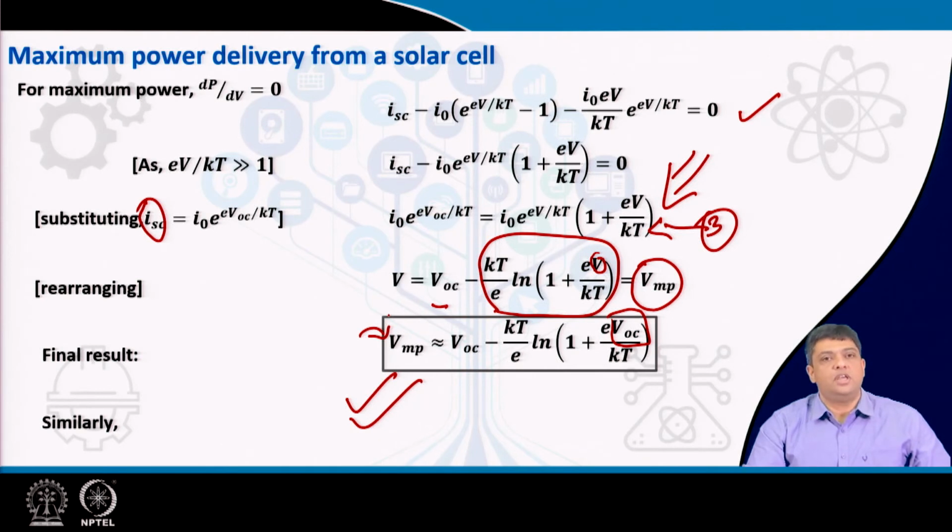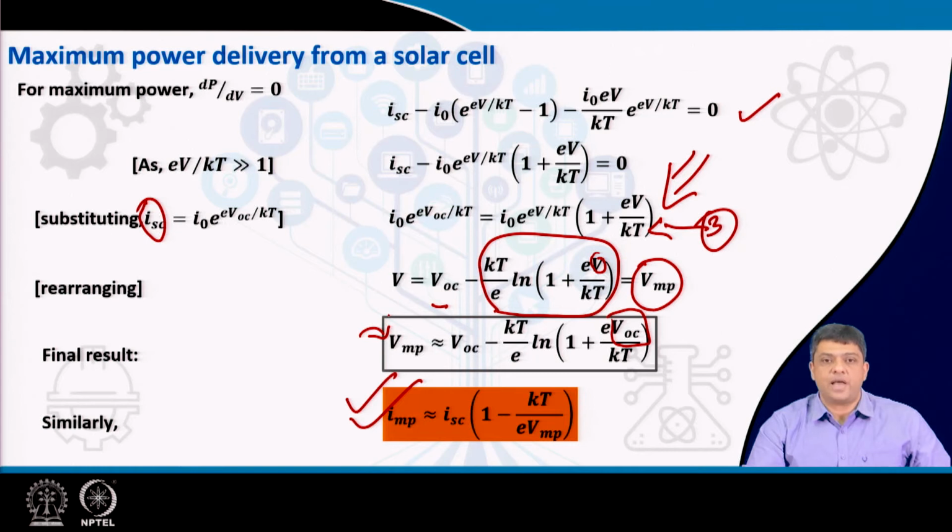This was the process by which you determine the value of VMP, and similarly we can also derive the value of IMP, that is the current value which has to be used to obtain the maximum power from a solar cell, and that is equal to ISC into 1 minus kT by e VMP.